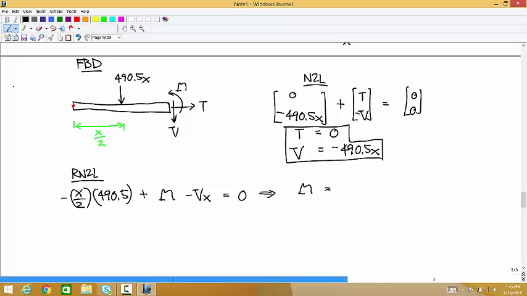So m is equal to 245.25. I left off an x in this function. So in that first term, that should have been 490.5x is the force. So m is equal to 245.25x squared plus Vx. And so that's equal to negative 245.25x squared.